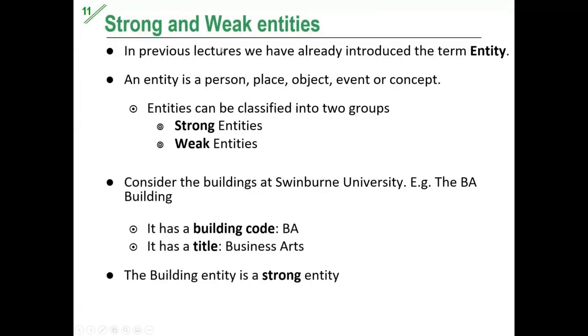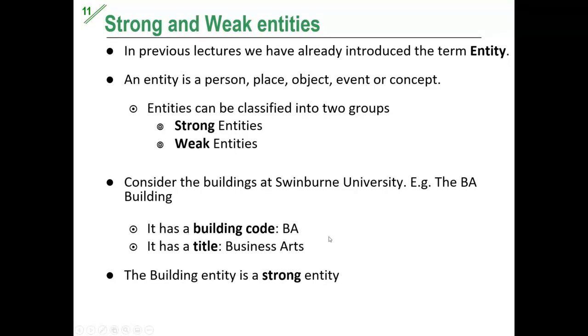Because we need to categorize the entities that we are trying to build in our database into 2 parts. Some entities are strong entities, some are weak entities. We need to classify any object, place or person that we are trying to represent in our database into these 2 categories.